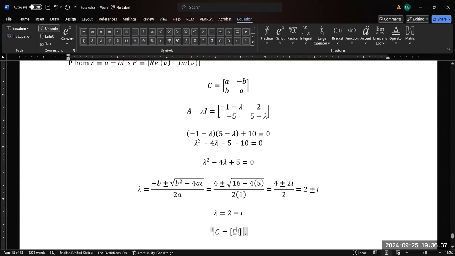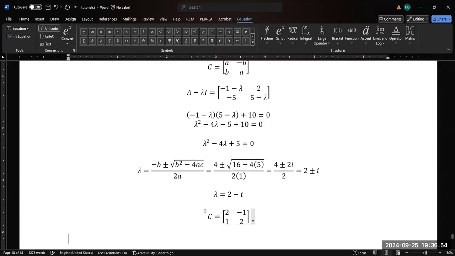And so that minus is part of the formula rather than part of the b, part of the constant. So this is going to be 2, -1, 1, 2. That's our C matrix.